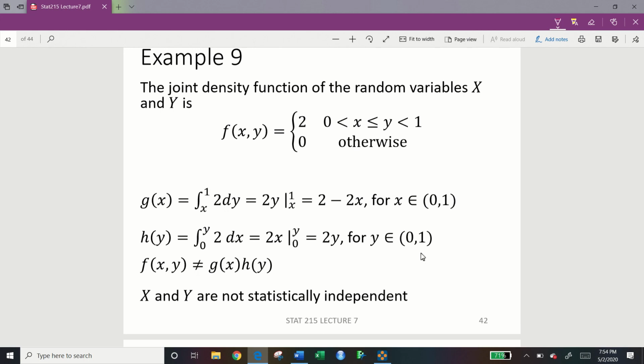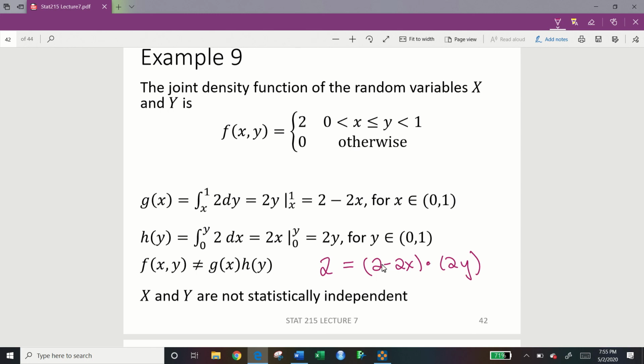H of y, where we integrate over x, would be the integral from 0 to y of 2 dx, which would equal 2x from 0 to y, which would equal 2y for y belonging to the bounds from 0 to 1. If we were to multiply, we could see that f of x comma y, which equals 2, would not equal the quantity 2 minus 2x multiplied by 2y.